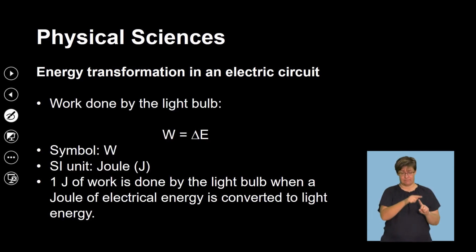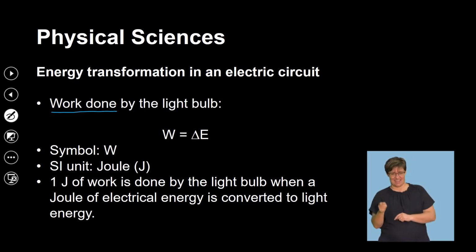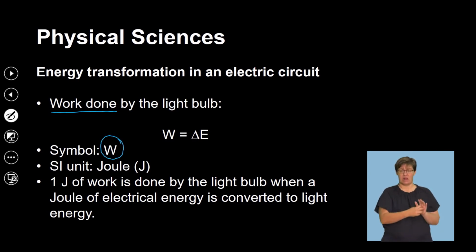Okay. Now, what about the work done by the light bulb? As the light bulb does work, it transforms energy, or it converts energy from one form to the other, and we've identified that work is done when there's a change in energy. So work is energy, energy is work, because the work of the light bulb cannot be done without the energy conversion. So take note, work is symbol W, and the W is actually a capital letter.